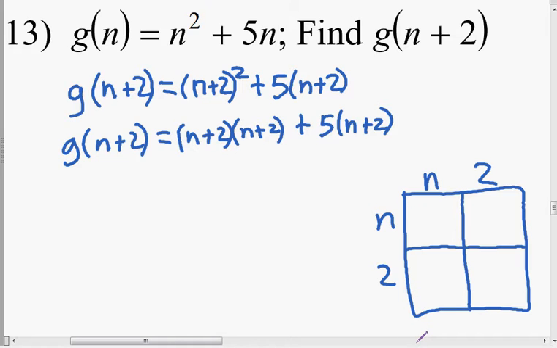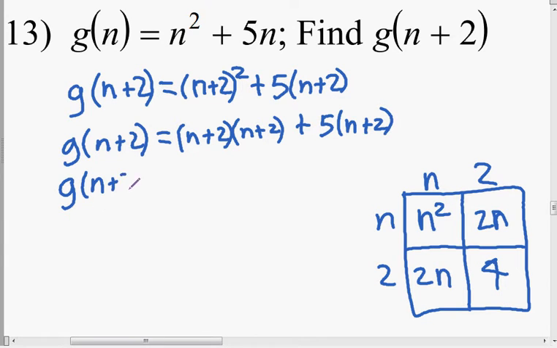That's the same as n times n plus 2 times n, 2 times n, plus 2 times n, plus 2 times 2. I can take those numbers now, plug them back in.